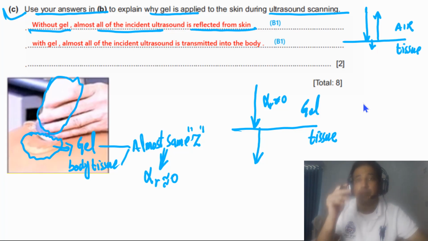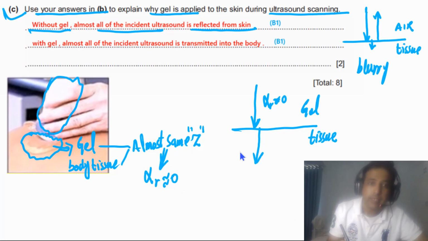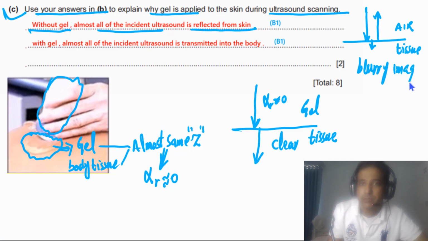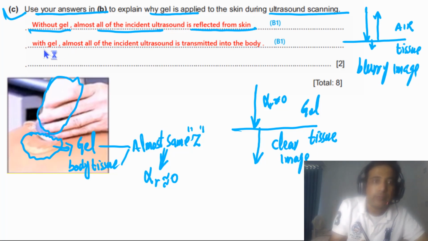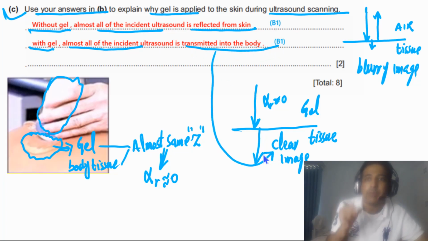So we cannot get a better image; the image will be blurry. With gel, almost all of the incident ultrasound is transmitted into the body, so we will get a clear image.